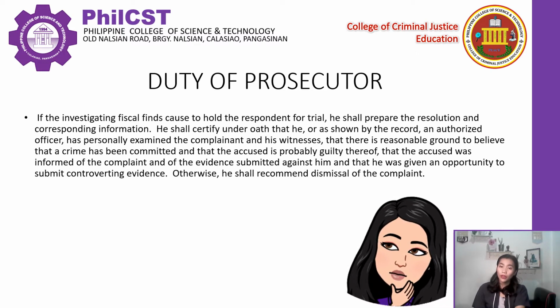If upon petition by a proper party, the Secretary of Justice reversed the resolution of the provincial or city fiscal or chief state prosecutor, he shall direct the fiscal concerned to file the corresponding information without conducting another preliminary investigation or to dismiss or move for dismissal of the complaint or information. And that is under Section 4 of Rule 112.